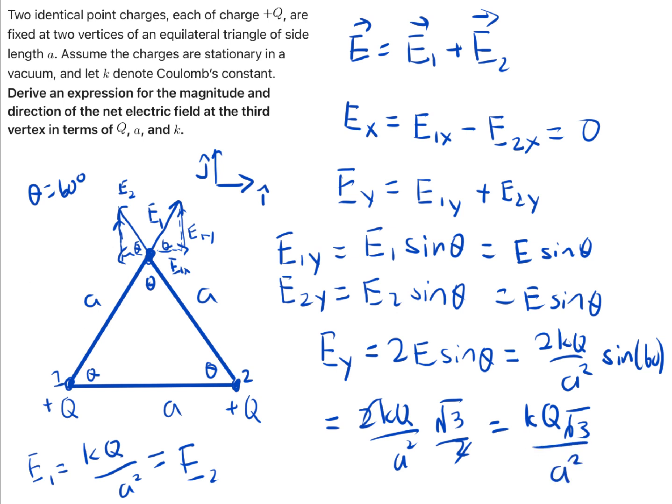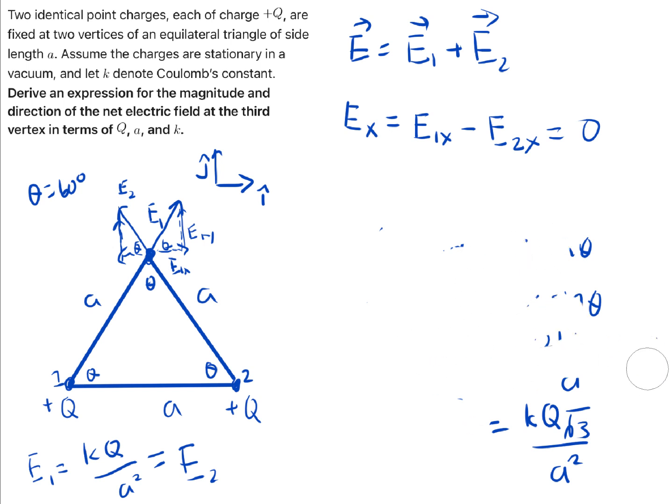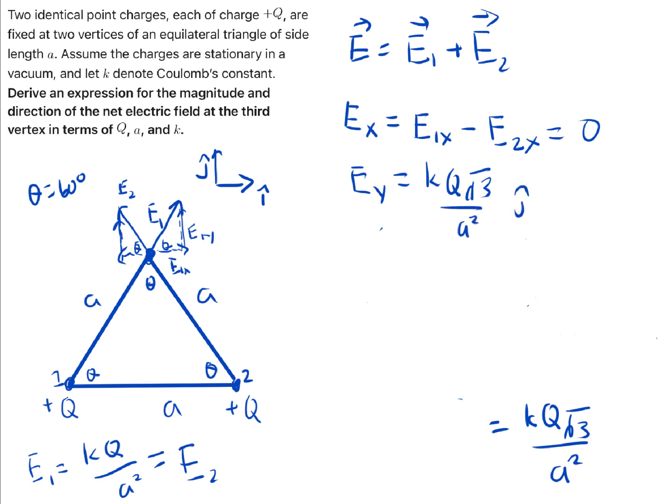That's our y component. If I rewrite this up here, Ey is kq square root 3 over a squared, and it's in the positive y direction. So it will be pointing in the j hat direction.